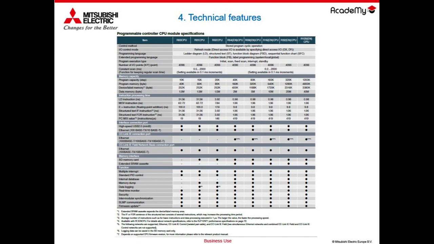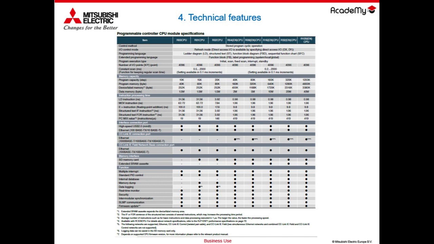For example, for an R00, the program capacity is 10 kilosteps, for an R01 15 kilosteps, for an R04 40 kilosteps, and for an R120 1200 kilosteps. Converting this to bytes, we have a multiplicative factor of 4.